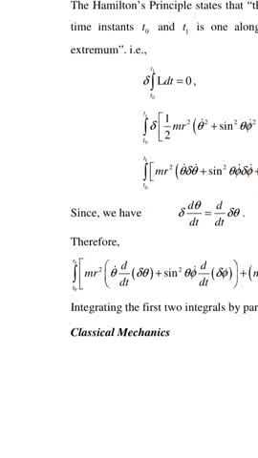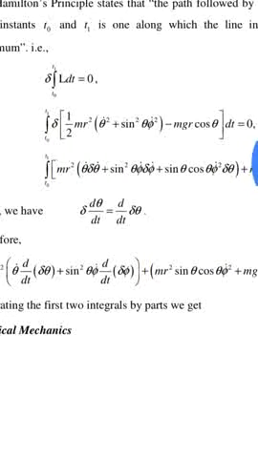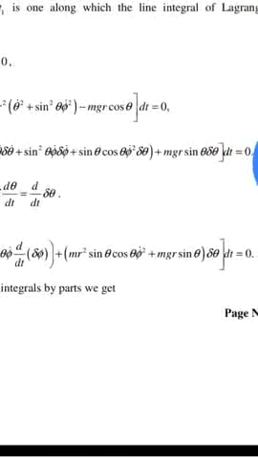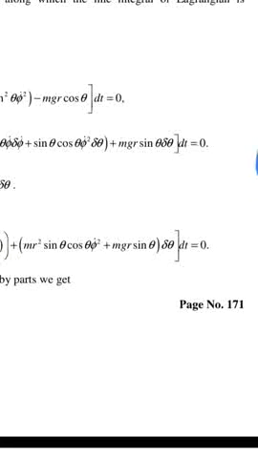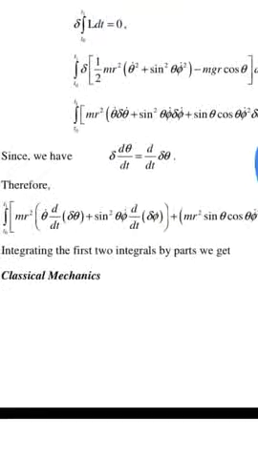Integral from t0 to t1 of [mr² θ̇ δθ̇ + sin² θ φ̇ δφ̇ + sin θ cos θ φ̇² δθ + mgr sin θ δθ] dt = 0.